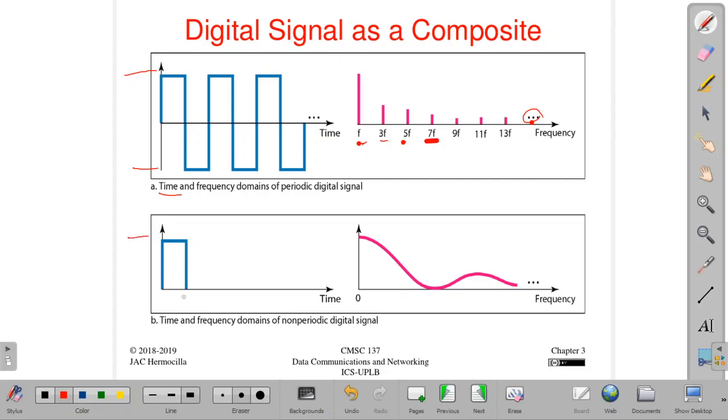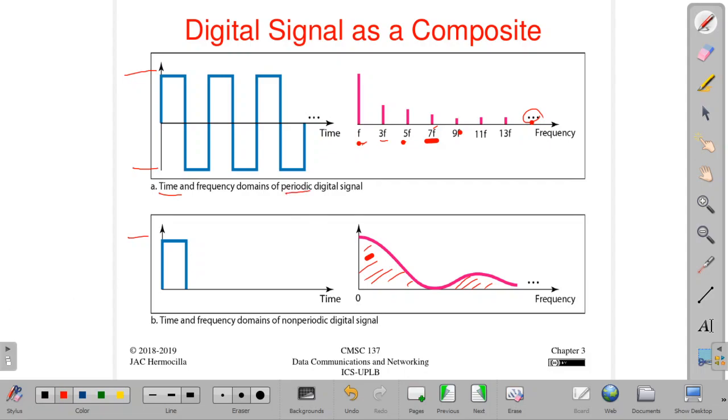So if we plot the frequency domain of this digital signal, this is what we're going to get. So it's also an infinite bandwidth, but you have a continuous range of frequencies. Unlike here, you have discrete frequencies because this signal is periodic.